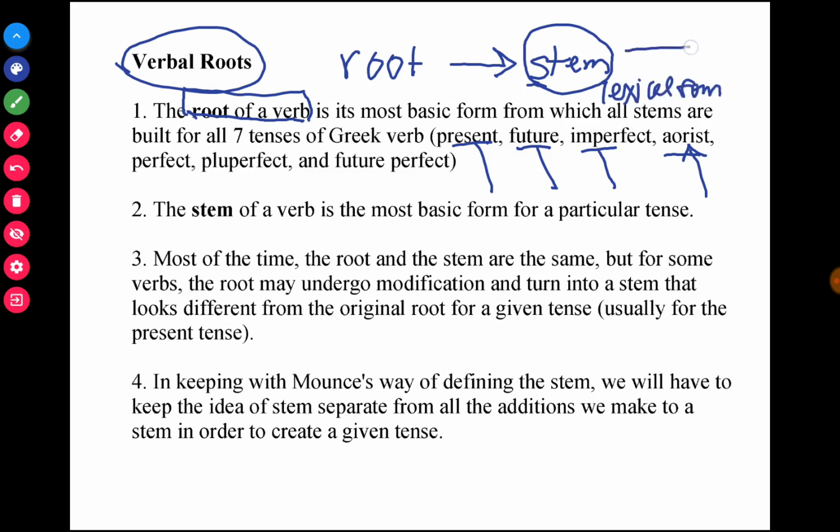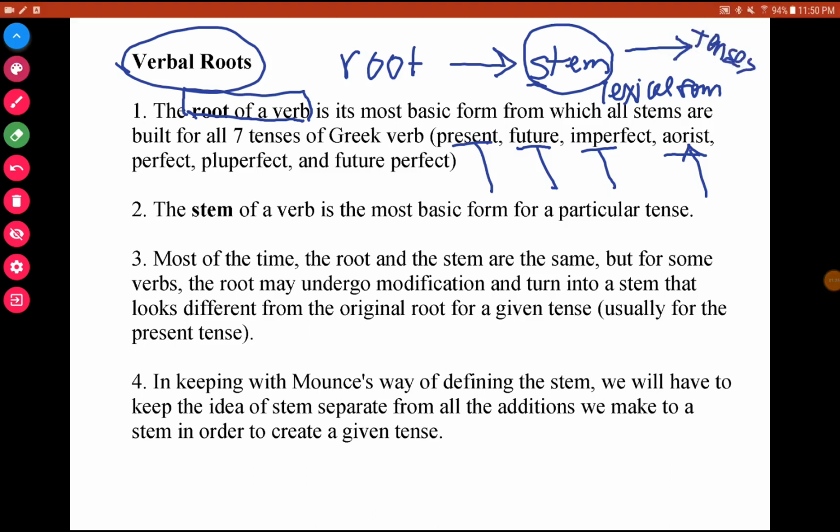From this stem in the lexical form, we form all the other tenses. Now the nice thing is, for a verb like luo, and I'll go ahead and write luo here, the stem lu is the same thing as the verbal root.